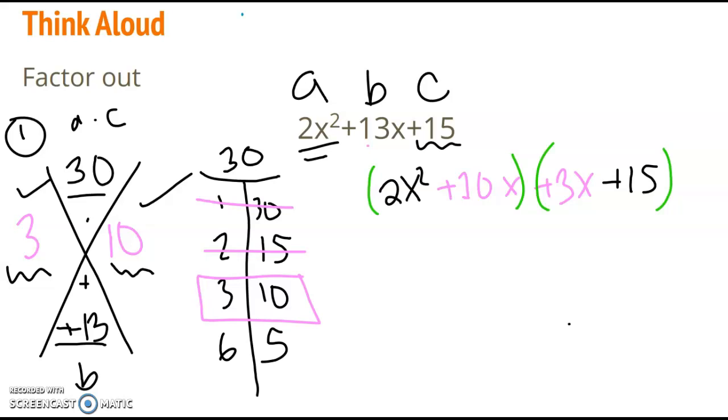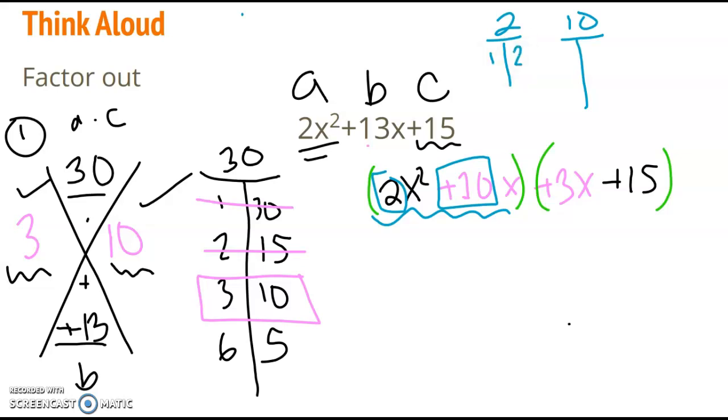From here, I want to just focus on my first parentheses. And I want to find the greatest common factor between 2 and 10. So I know the factors of 2 are 1 times 2, and that is it. The factors of 10 are 1 times 10, 2 times 5, and that is it.